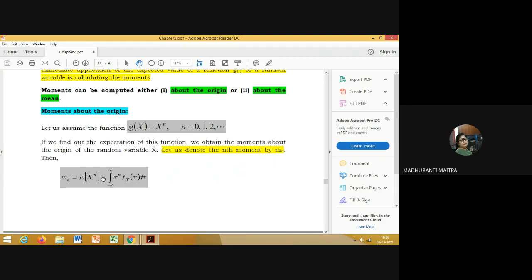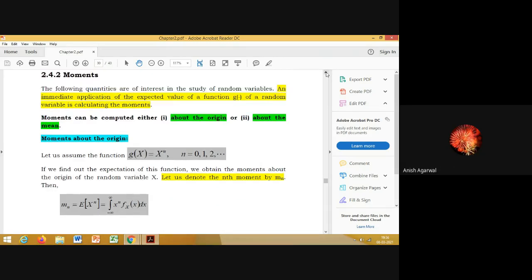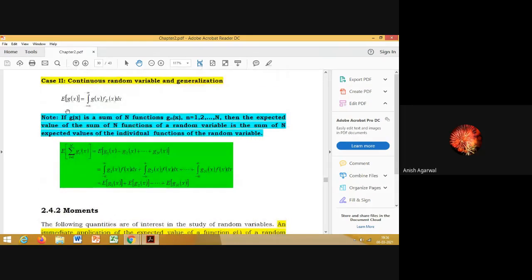As per definition, this expected value will be an integration, with limits from minus infinity to plus infinity, g(x) into f(x) dx. Here g(x) is equal to x to the power n. Hence, the term within the integration sign will be x to the power n f(x) dx. Okay? Yes, ma'am.